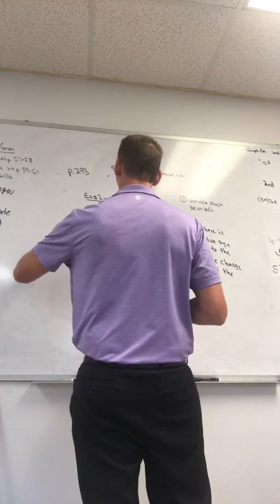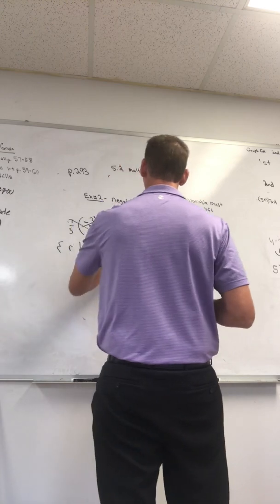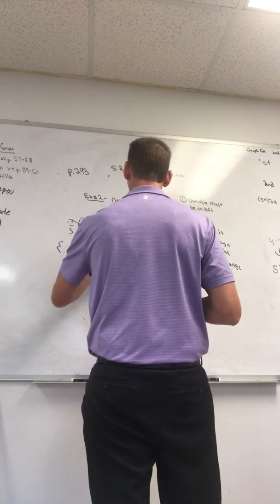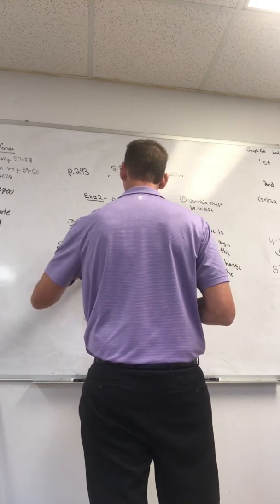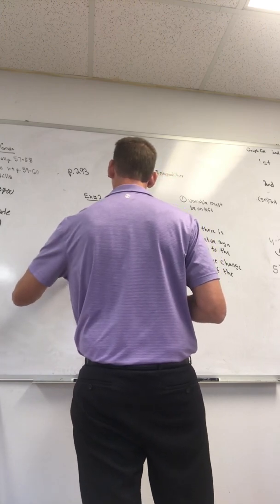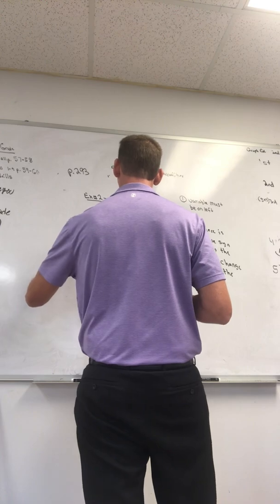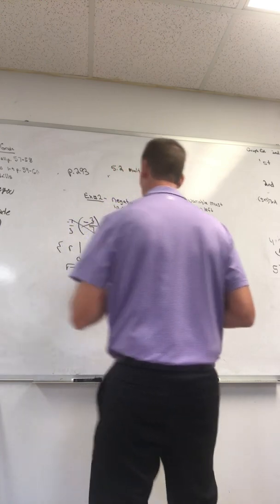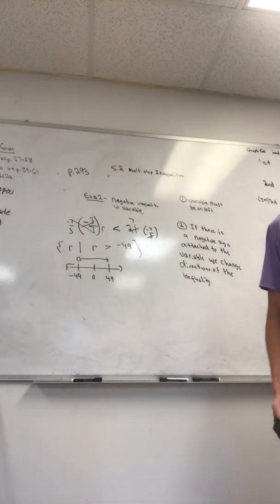Now I'm just going to do my set notation, and then I'm going to graph it. Open dot, go to negative 49, and goes to the right. Just like that.